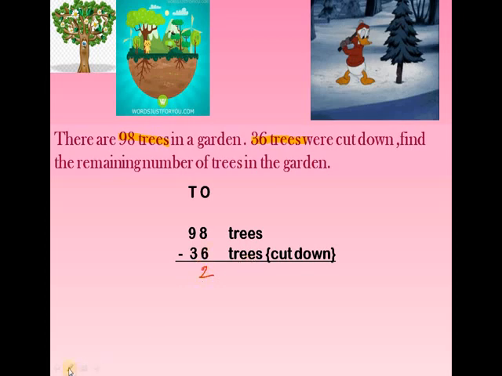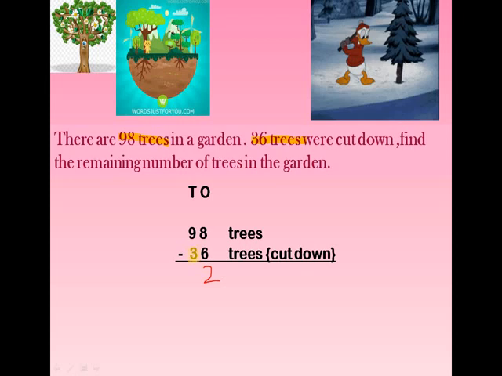Let me erase this and write a proper 2. I'm going to write here 2 and go on to tens. Very good. Go on tens. 9 minus 3.